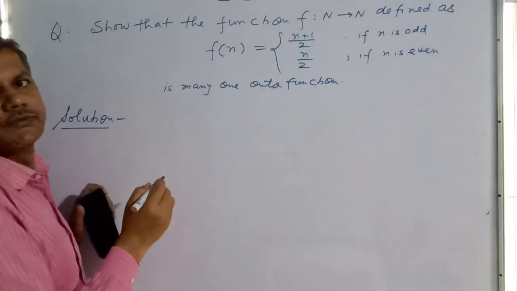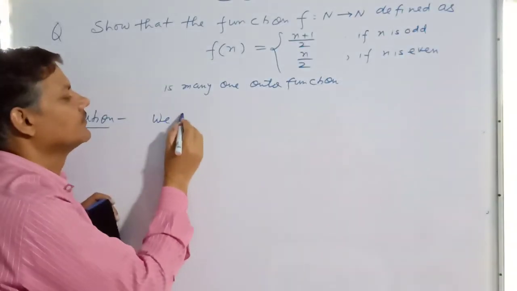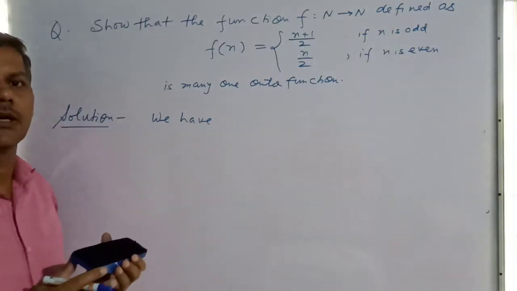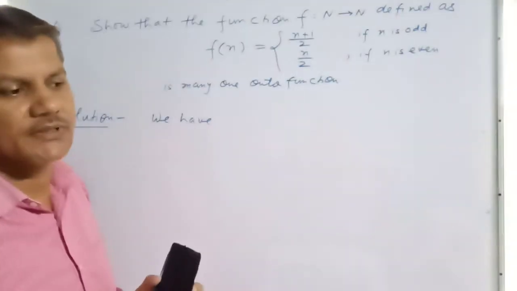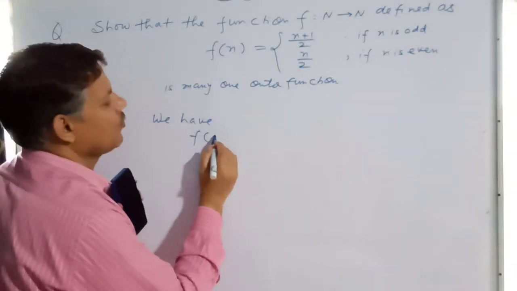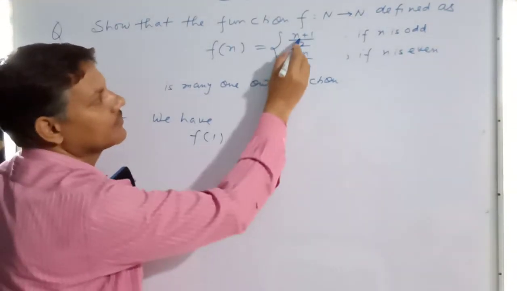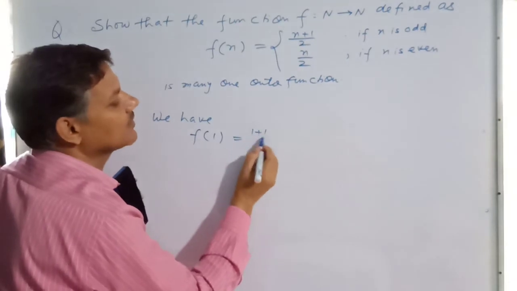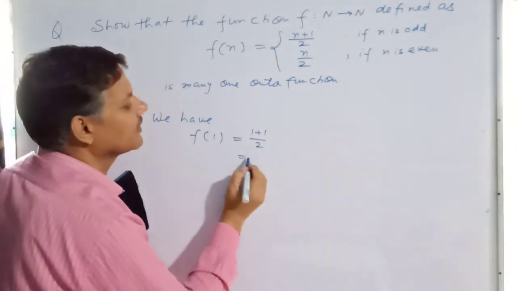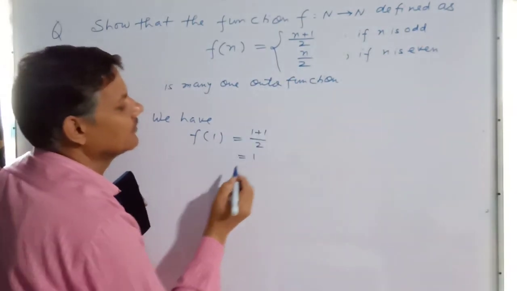This is the function. So we start from here. We have, if it is not 1-1, then we are required to contradict. It means we have to raise the contradiction. So here I write f(1). It is odd, so that's why we have to use this one. It is equal to (1 plus 1) by 2. We can take any odd number, 1, 3, 5, and accordingly we choose for the second. It is 1.